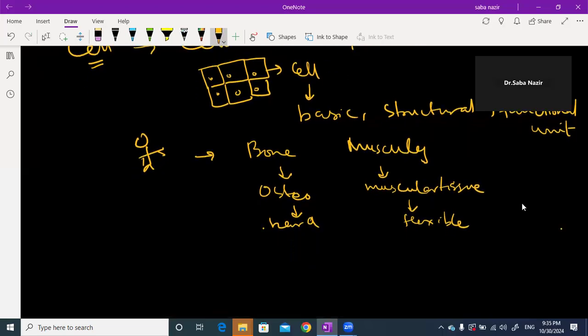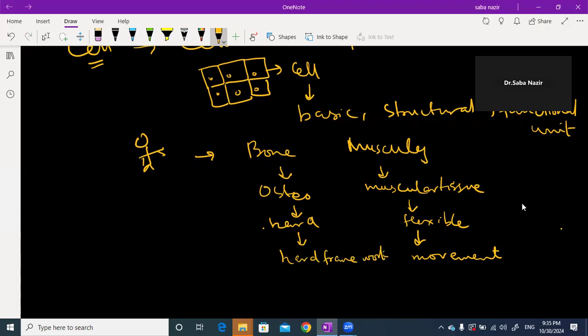Muscle cells facilitate the movement. Bones also facilitate the movement, but they are actually the hard framework.